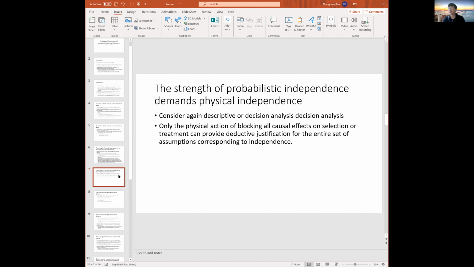So consider again the descriptive or decision analysis. Only physical action blocking all causal effects on selection or treatment can provide deductive justification for the entire set of assumptions corresponding to independence.